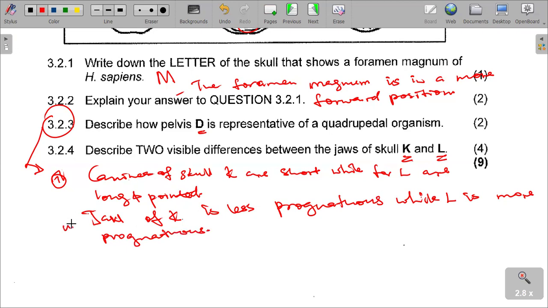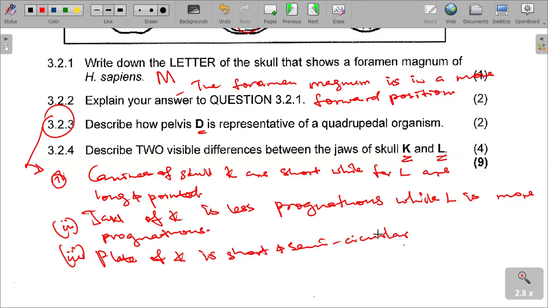And then thirdly, I can also say that the palate of K is short and semicircular, and then L is long and rectangular.